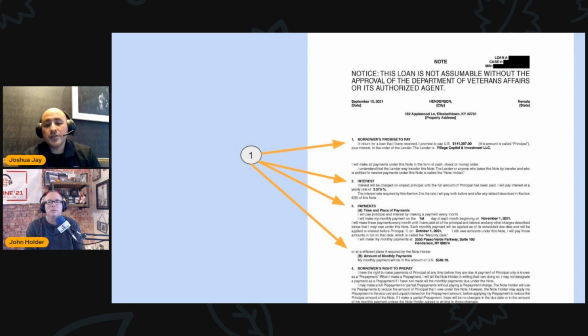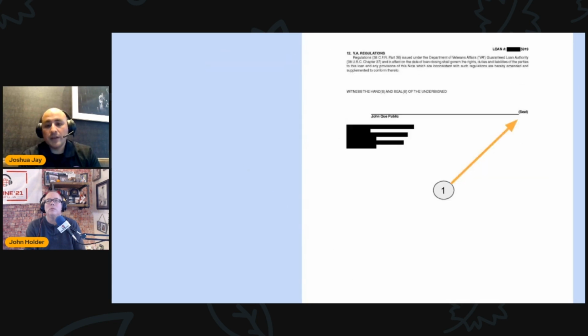And the way that they're going to be initialing is going to be determined by their signature block. So if their signature block has first name, middle name, last name, or first name, middle initial, last name, or 3 names is my point, then their initials should have 3 initials. If you only have first and last name, and that's 2 names, then initials will only have 2 initials, first and last name initial. I hope that makes sense for everybody.